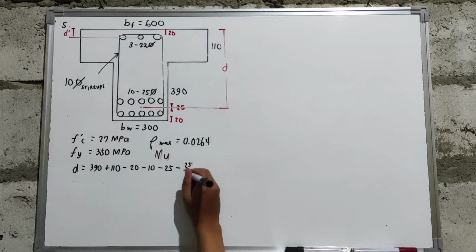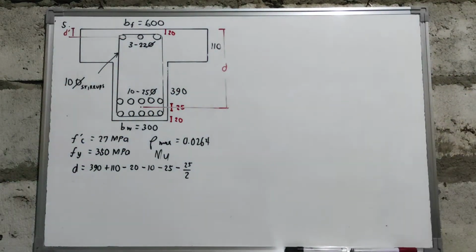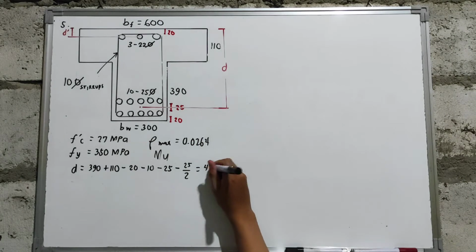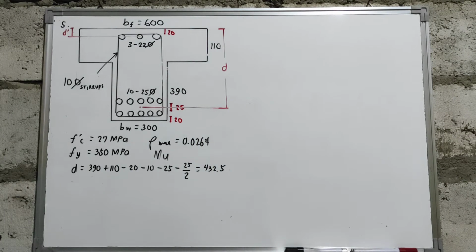So you will have a value of d equal to 432.5 mm.